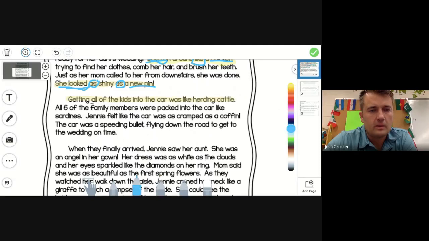Well, getting all the kids into the car and herding cattle. Okay? Those two things are being compared. The author is telling us that it's kind of a hectic job. Some craziness was going on. What was used to compare? Well, they said the word like. Because they said like, it's a simile.